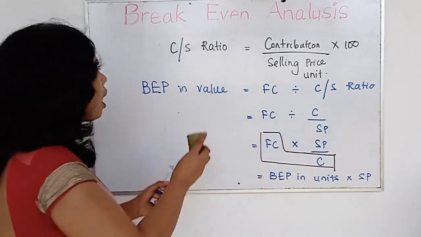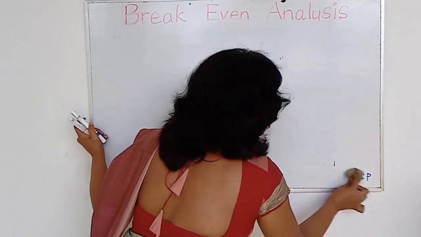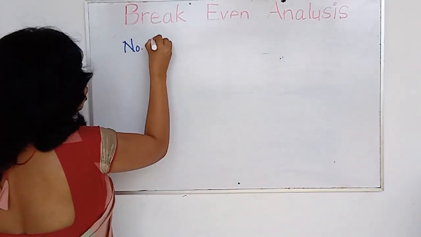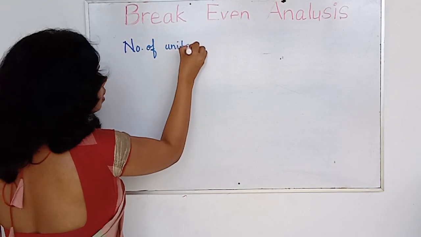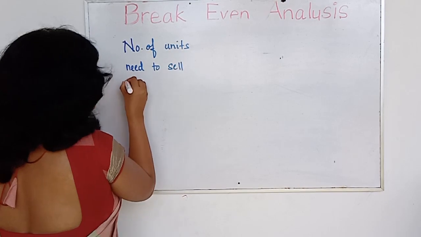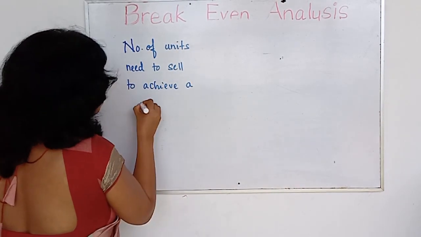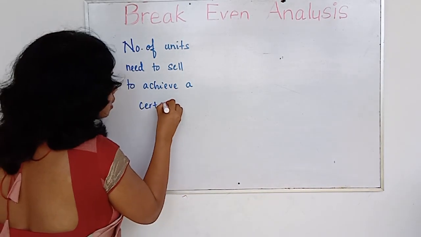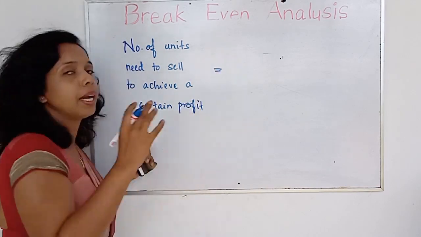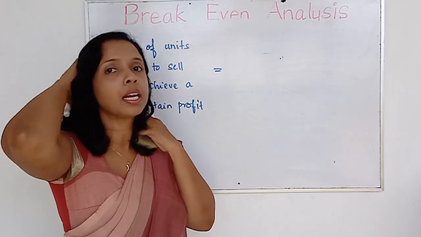So for that, how can I have the formula? It's like this. Number of units need to sell to achieve a certain profit, right? Can you remember when we were talking about break-even point in unit, it was fixed cost divided by contribution per unit.